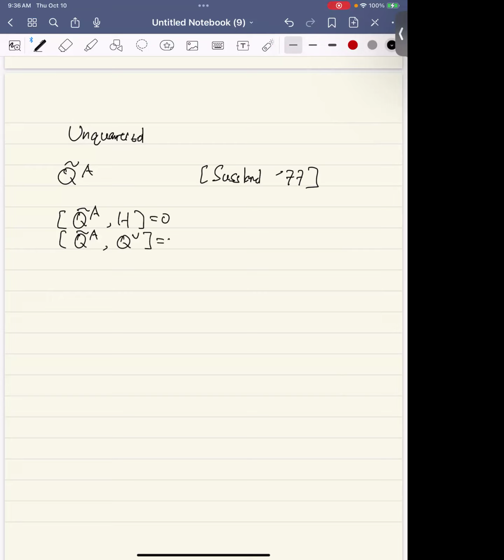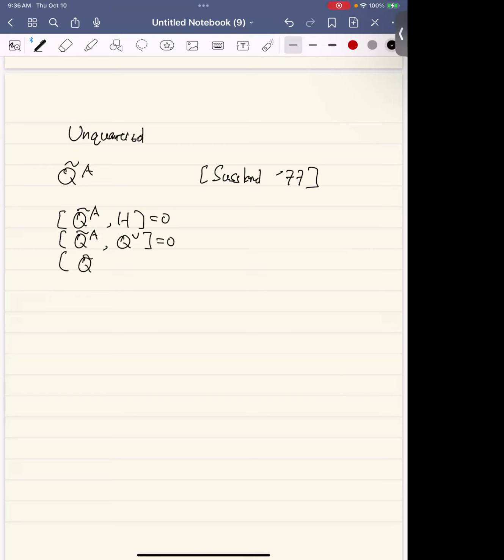I talked about this Q_A, which has quantized eigenvalues. But as you ask, what if we give that up? In fact, there's another charge, which I'll call Q tilde A. This was actually already in Lenny's paper, '77. It also commutes with the Hamiltonian, and furthermore, it commutes with the vector charge.